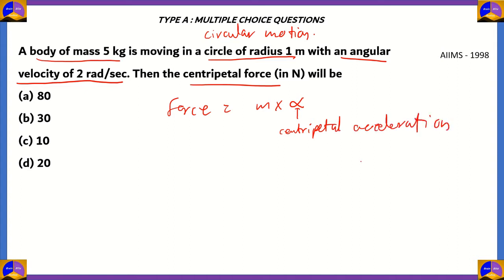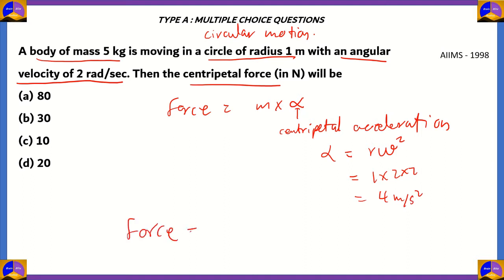This centripetal acceleration alpha can be written as r omega square. So therefore, we can write down the value of alpha as 1 times 2 times 2, which is equal to 4 meters per second square.